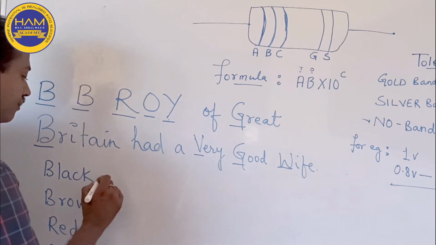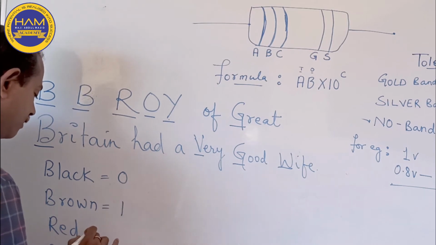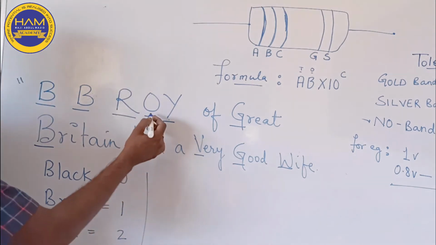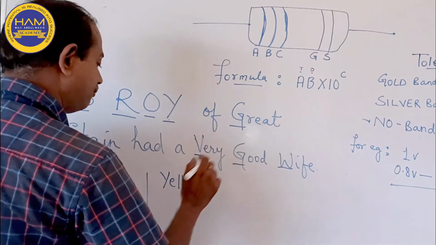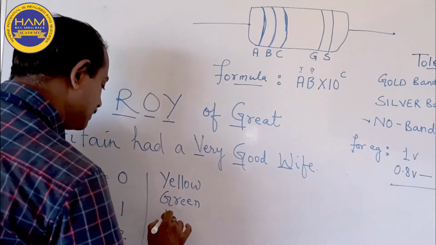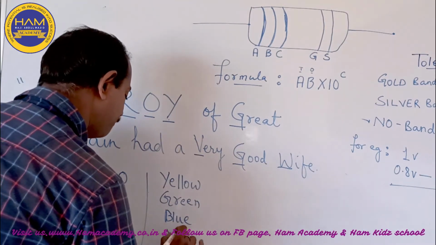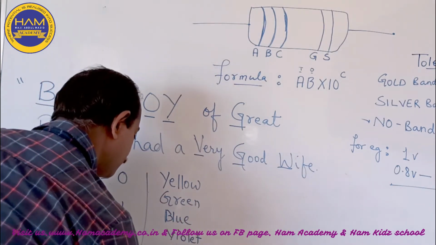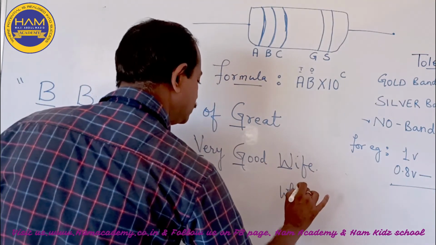Then Y is for yellow. Then we have G. This G is for green. This B is for blue. Then this V is for violet. This G is for gray, and this W is for white.